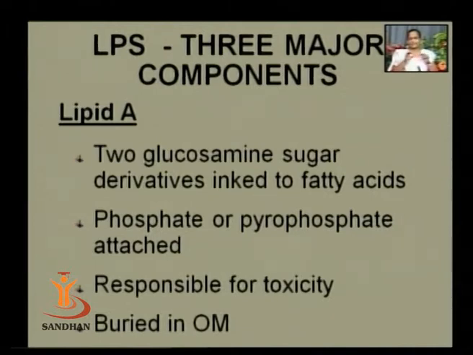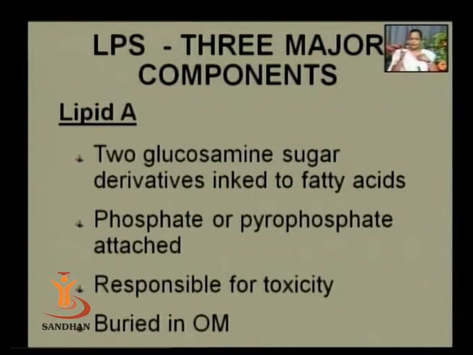Now lipid A is made up of 2 units of glucosamine, that is N-acetyl glucosamine, and it is linked through ester linkage or amide linkage to the unusual fatty acids. It even contains phosphate groups, which are linked through this linkage.